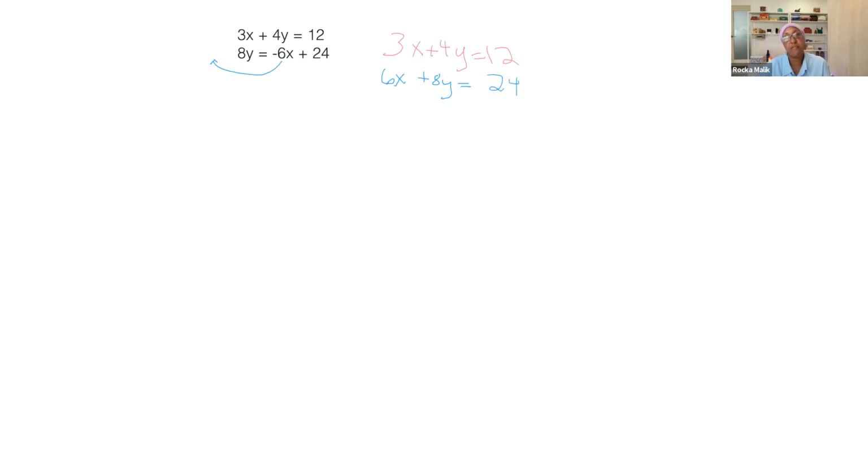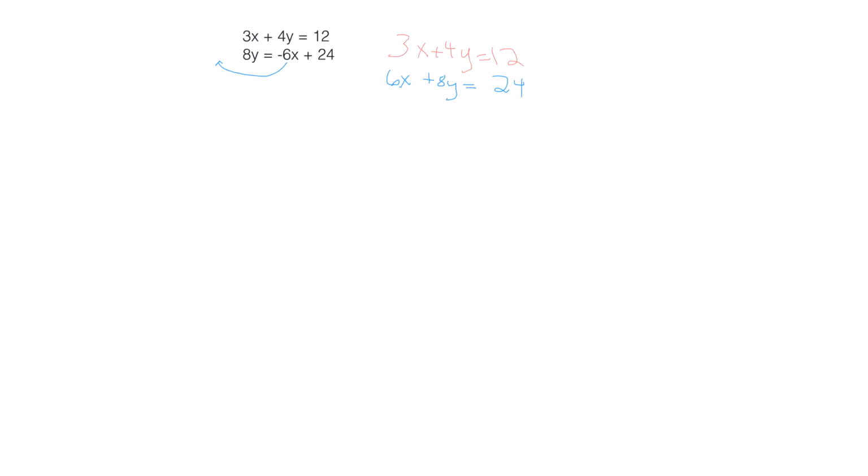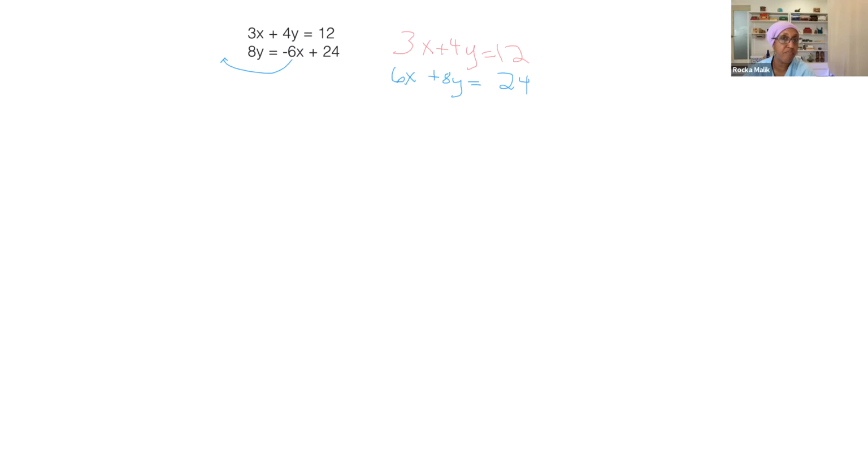And who do you want to get rid of, the x's or the y's? X's? Okay, so we'll, no, y. Y? Okay, so you want to multiply the top equation by minus 2. Multiply the top one by minus 2, so everyone in here is by minus 2.